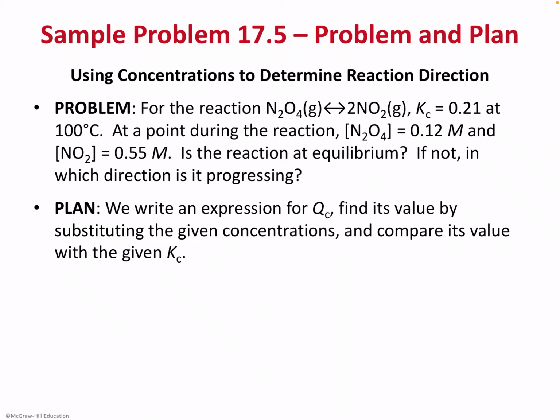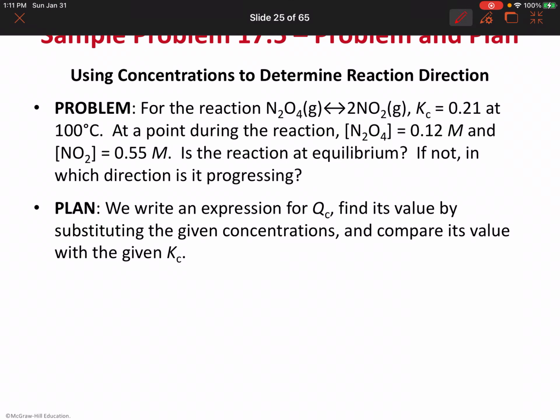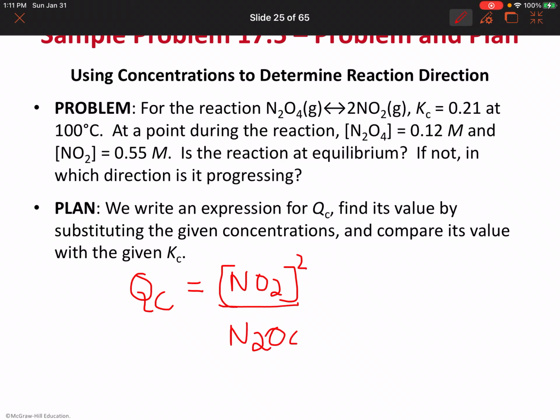So first we need to write the expression for Qc. Qc is going to be the concentration of products, NO2 raised to the power 2, over the N2O4 concentration at the given point.